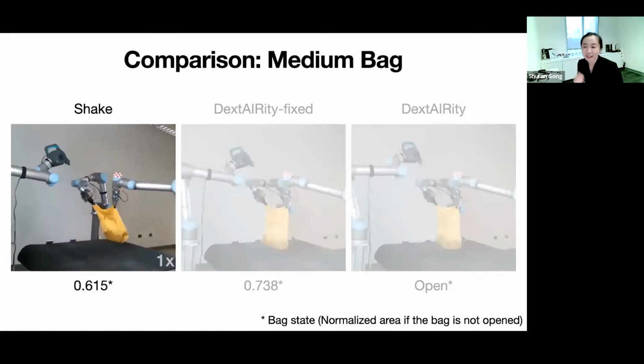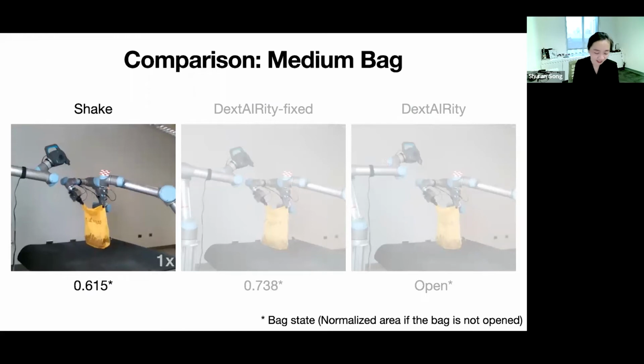Okay, so here are some quick results and comparisons. Surprisingly, we found that this task is really difficult for contact-based manipulation systems. Even if we use dynamic actions like shaking the bag back and forth, it's not doing much to open the bag.